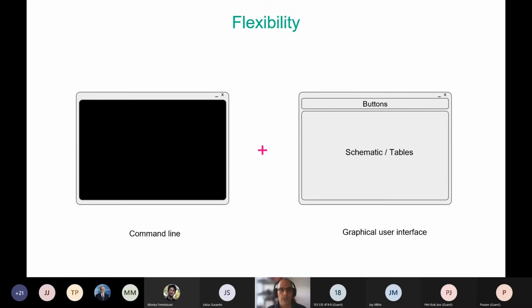It allows me to do whatever I want, and I hope to show you an example of this later. And the graphical user interface allows me to use it quite easily, but more importantly, allows others that don't know about the internals to use it easily and adapt the software.